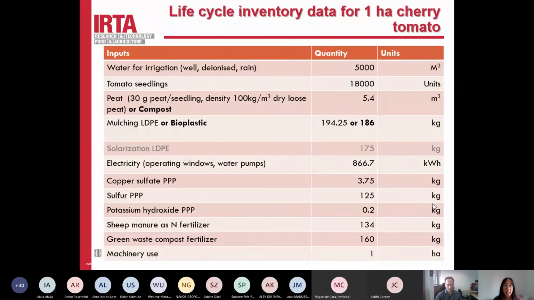We assumed that they had similar density, quality, and quantity, and that's why the amount is the same. And 194 kilograms of LDPE mulching is needed per hectare, or 186 kilograms of bioplastic per hectare. We included solarization of the ground using LDPE, but possibly bioplastic could be used for this pending investigation.